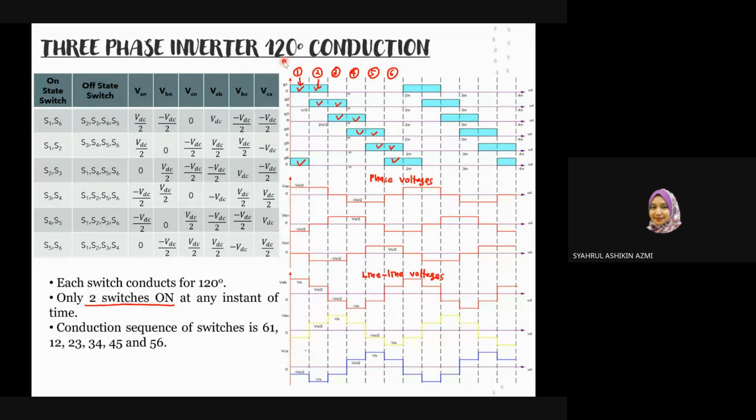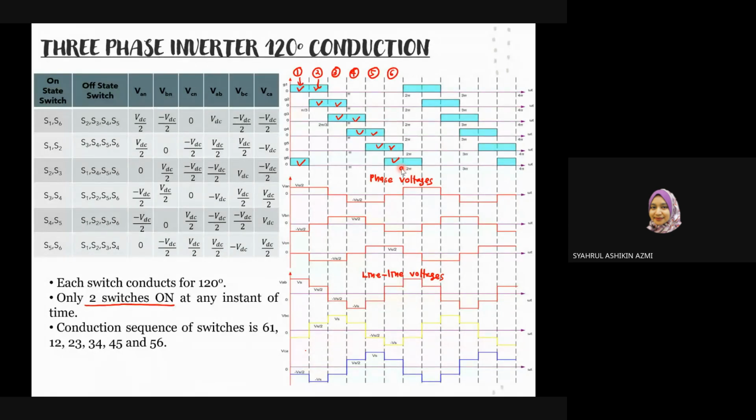For 120 conduction, the first statement is that each switch conducts for a period of 120. So from S1 until S6, every switch will conduct for a period of 120 in one cycle, from 0 to 2 pi.